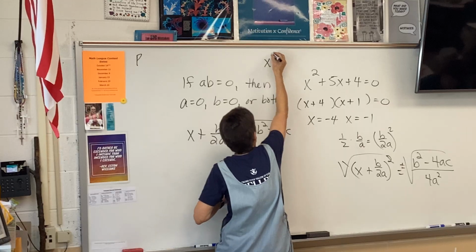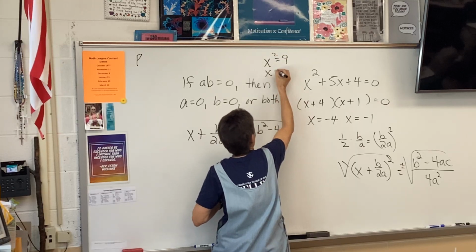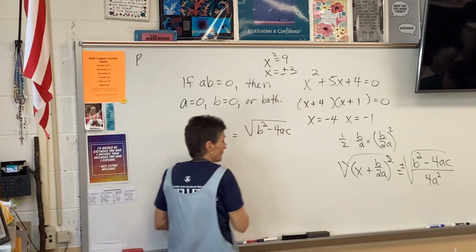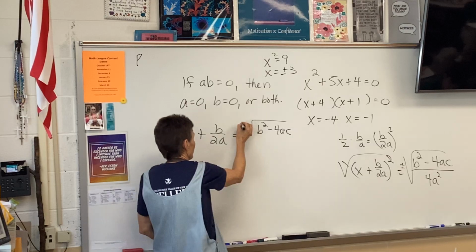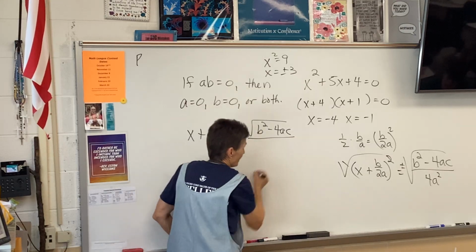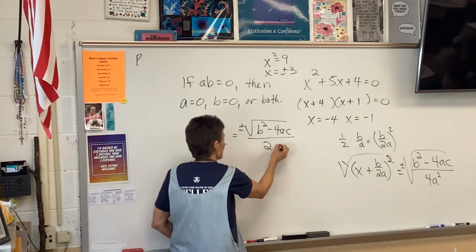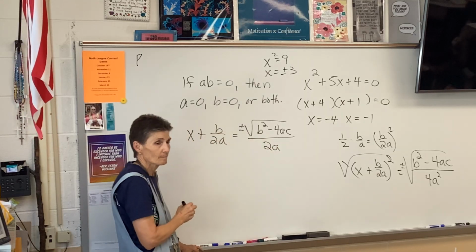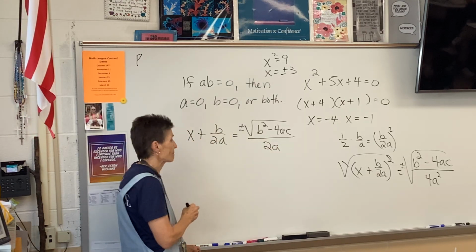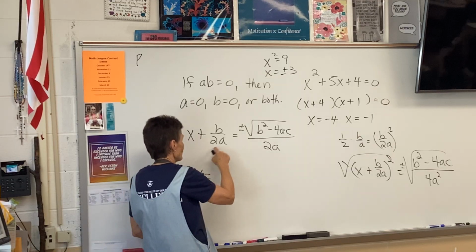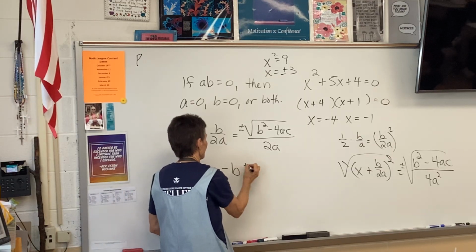Like x squared equals 9, so x equals plus or minus 3. That's plus or minus that, over the square root of 4a squared, which is 2a. We get x by itself, so we'll subtract this over.